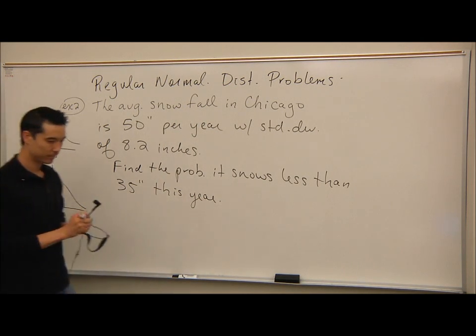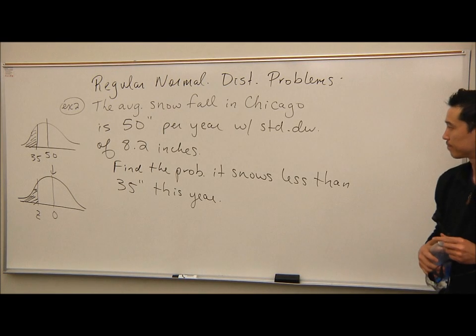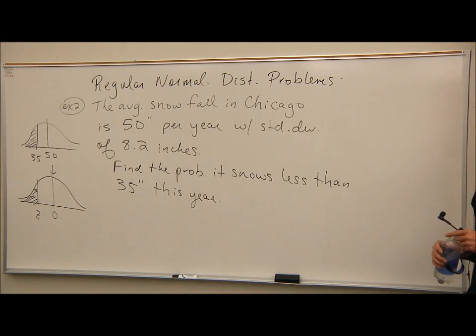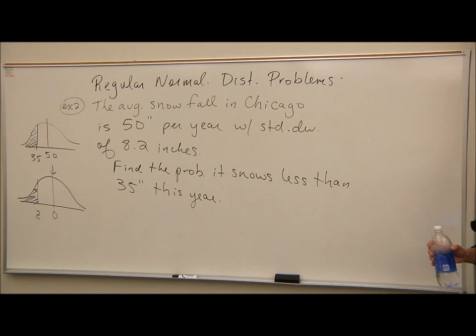It's two decimal places for the z-score, right? Because that's what our chart says. Yeah, negative. If the z is on the left, it's going to be what? Left of 0 would be negative, right? So you should expect a negative z-score for this.